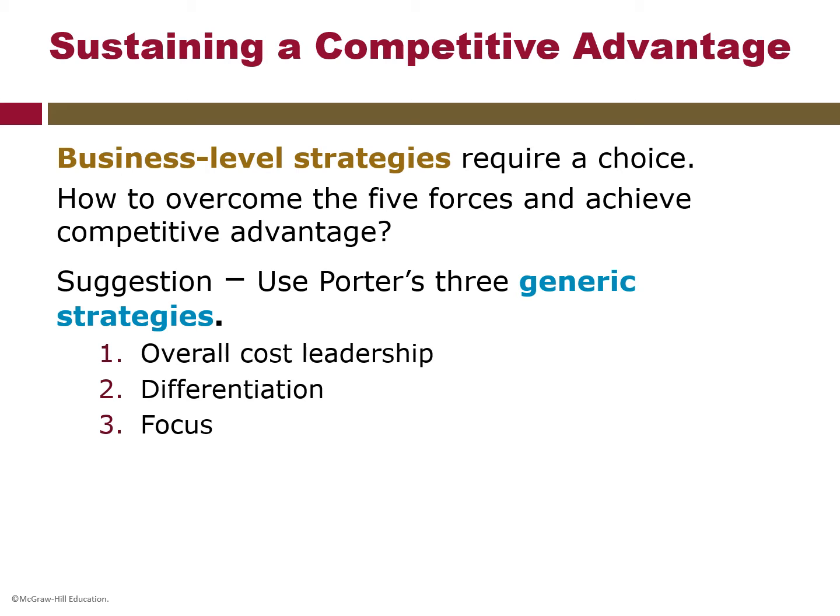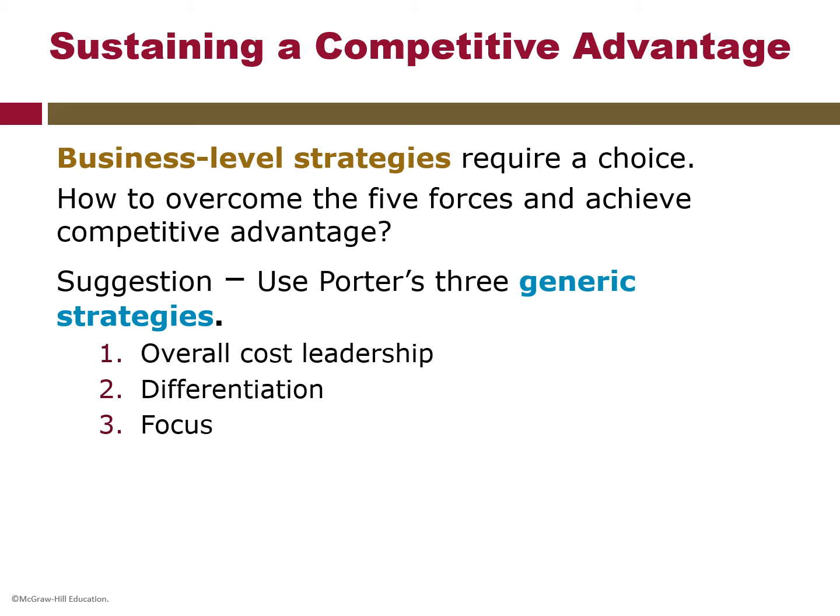Michael Porter presented three generic strategies that a firm can use to overcome the five forces and attain competitive advantage. The first one is overall cost leadership, which is based on creating a low cost position relative to one's peers. The second one is differentiation, which requires that the firm or business unit create products or services that are unique and valued.